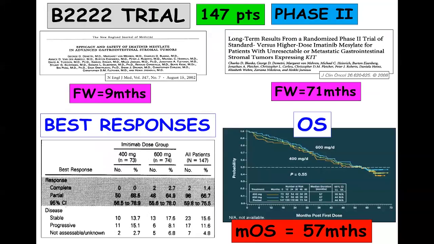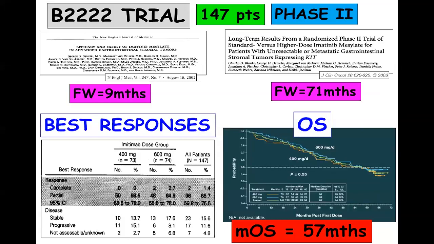So the next trial is the B2222 trial. It is a phase 2 trial on 147 patients, first published in the New England Journal in 2002 with a follow-up of 9 months, and republished in 2008 in JCO after a follow-up of 71 months.